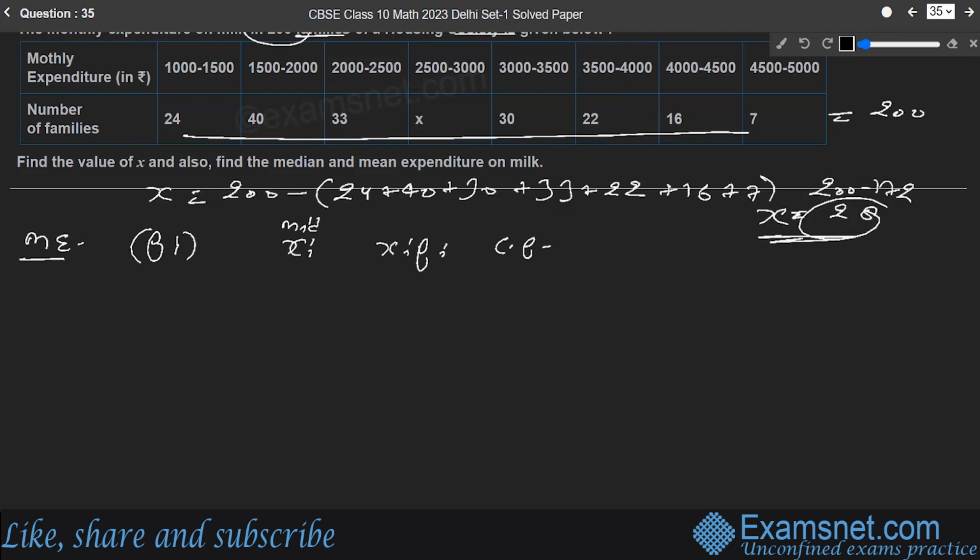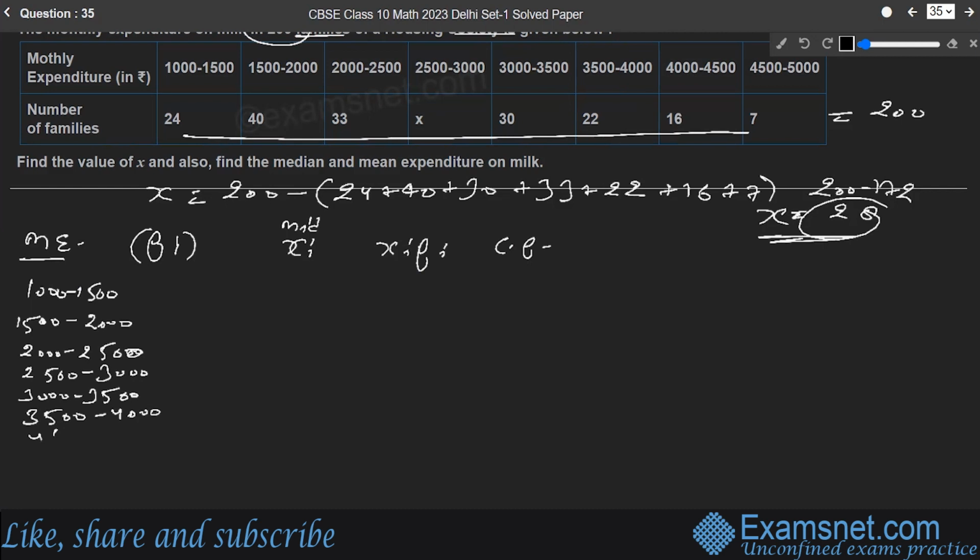The monthly expenditure ranges are 1000 to 1500, then 1500 to 2000, 2000 to 2500, 2500 to 3000, 3000 to 3500, 3500 to 4000, 4000 to 4500, and 4500 to 5000.